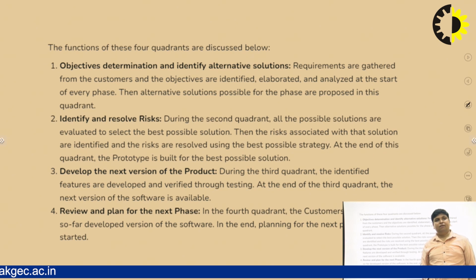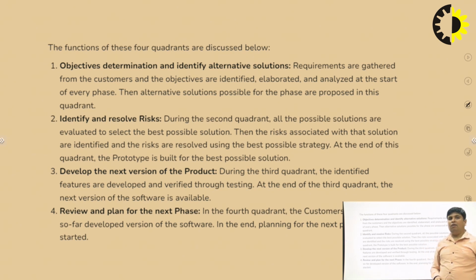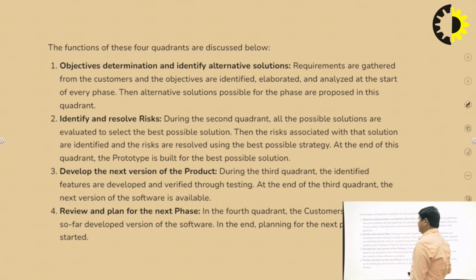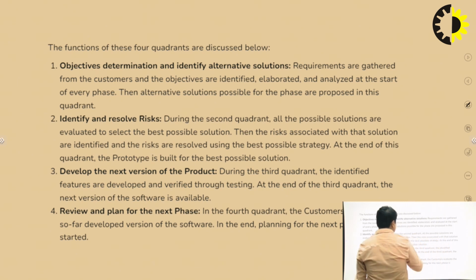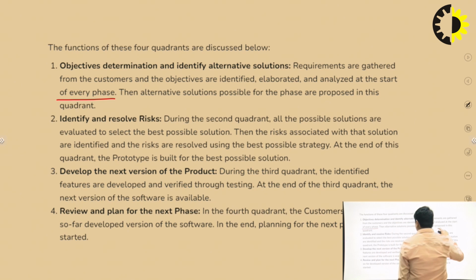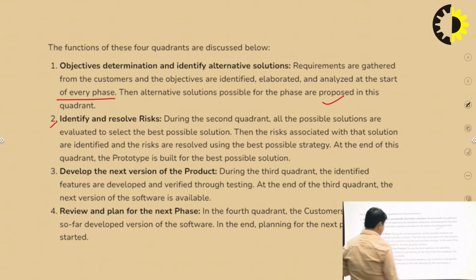First, there are 4 phases: the objective determination and identifying alternative solutions. In this phase, requirements are gathered from the customer and the objectives are identified, elaborated, and analyzed at the start of every phase. Then alternative solutions possible for the phase are proposed in this meeting. Second one is identify and resolve risks. First you have to identify.